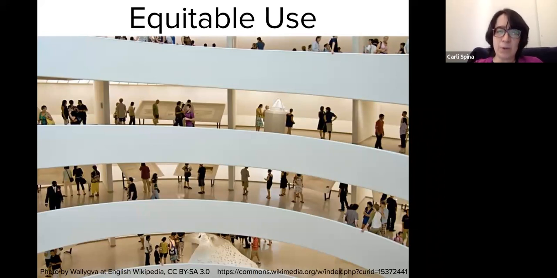But the main purpose and the main exhibit space is built on this slow ramp so that everyone takes this path. And this is really great because it means that every single person is able to traverse the museum in the same way. They can follow the same path, they can follow the same exhibit as it goes along, and they don't have to continually feel as if they're having to separate out from the group and go to a secondary location, often not as nice, in order to gain access.